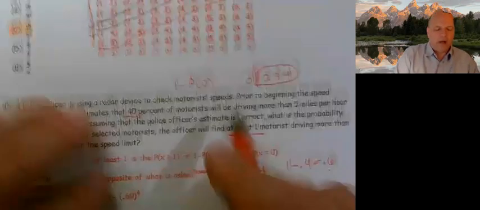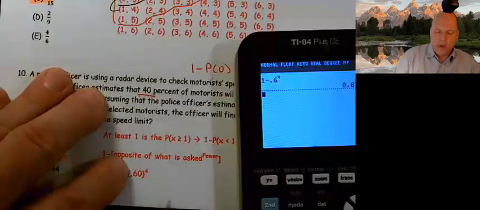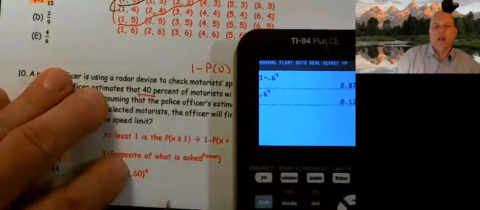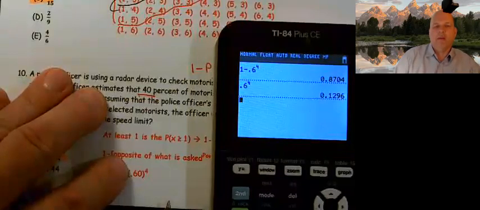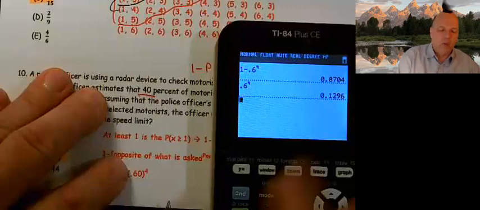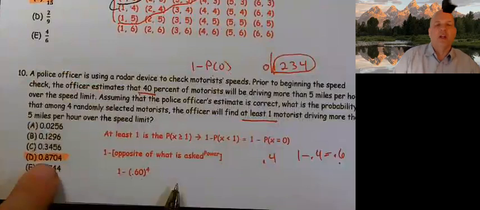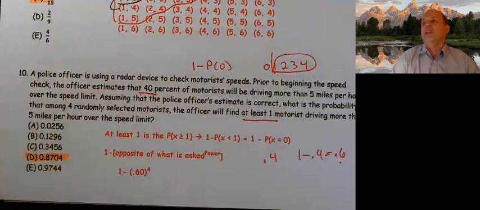Because basically, if I covered up the 1 minus part, I said, you know what? 0.6 to the 4th power. That means there's about a 13% chance that among 4 cars, none are speeding. There's about a 13% chance that none are speeding. So 1 minus that tells me there's about almost an 87% chance that there's at least 1 speeder. All right.